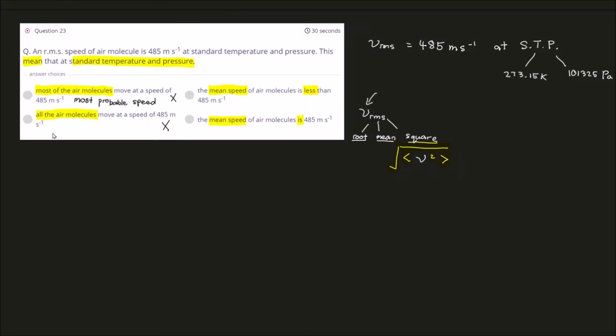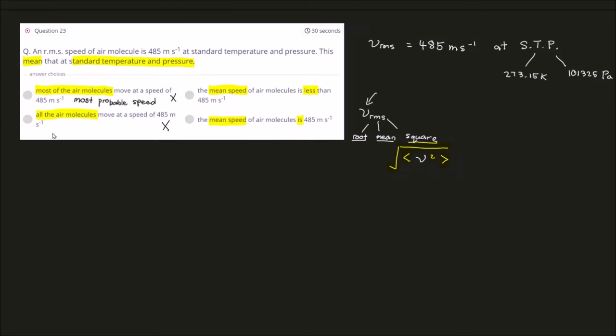The third one is the mean speed of air molecules is less than 485. Well, you might not know much about this, but the next one is the mean speed of air molecules is 485. For this, if you look back to my lecture video, I said if you calculate the mean straight away, you should probably get 0 as your answer.